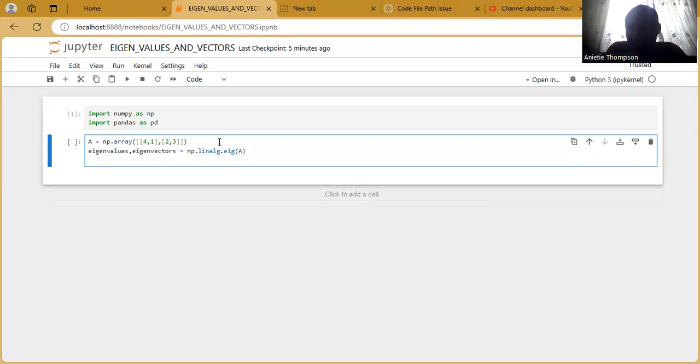All right. So the next thing there is, I would like us to print this out so that you see. So we print the eigenvalues. Let me make it neat.